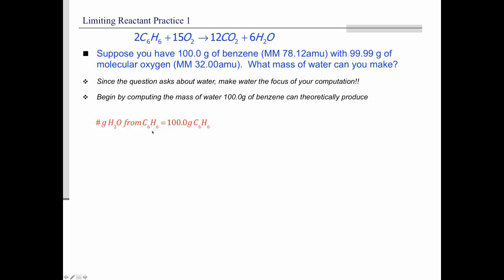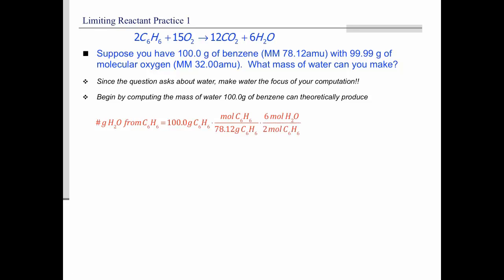We start off, we've got 100.0 grams of benzene, and the molecular mass allows us to go from grams to moles. Just to remember, I got this from the periodic table, no place special, all right? So I'm now at, if you look carefully, moles of benzene because the grams of benzene here and the grams of benzene here have canceled out.